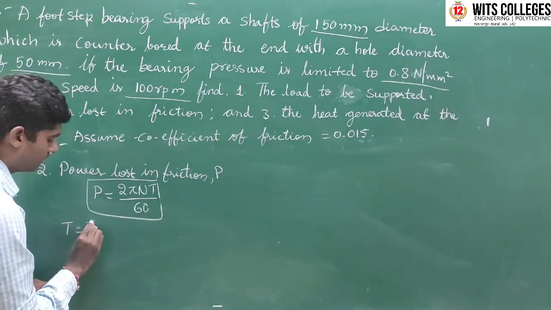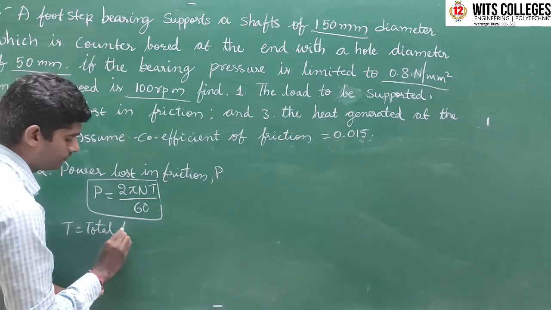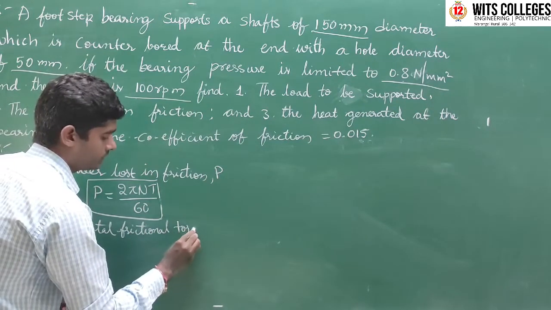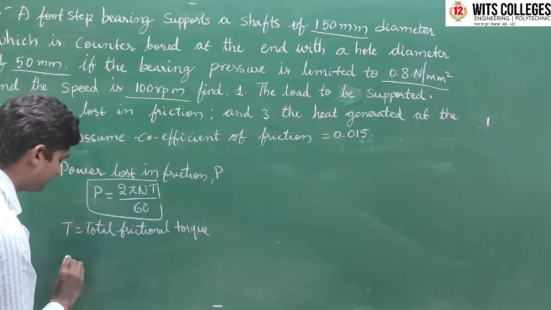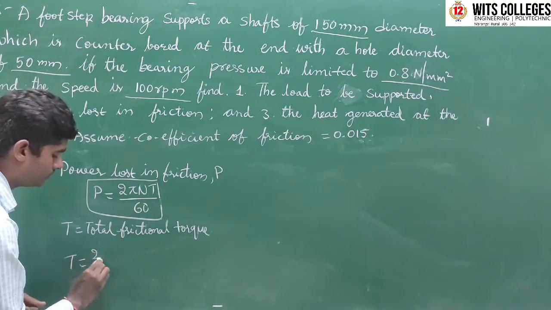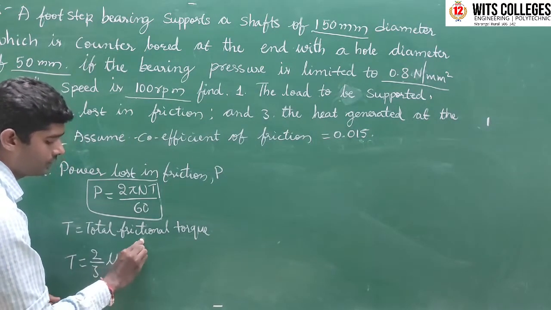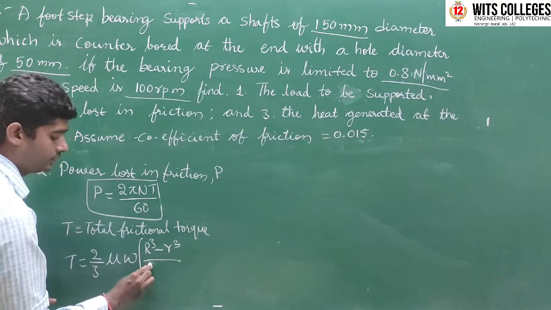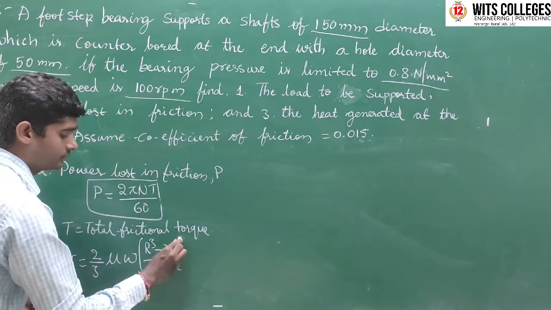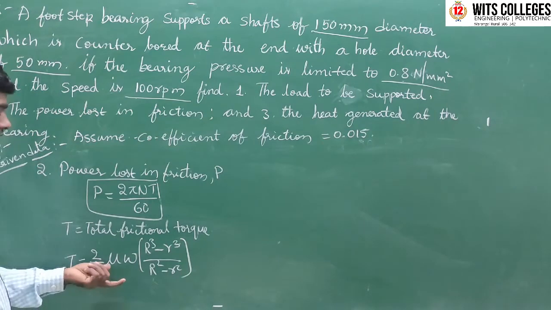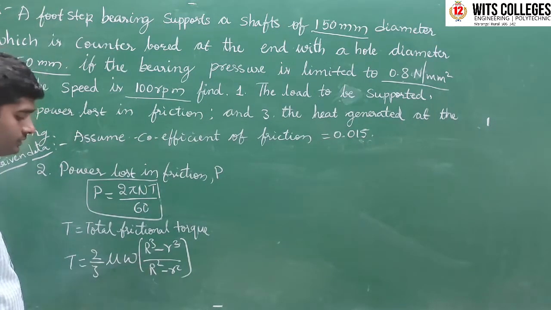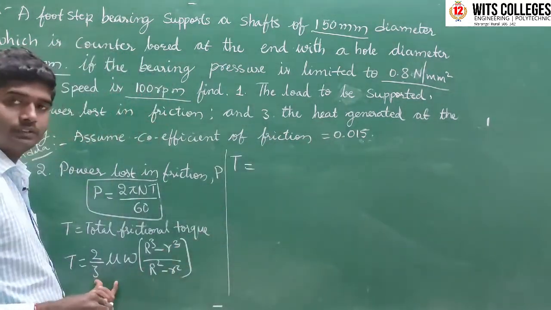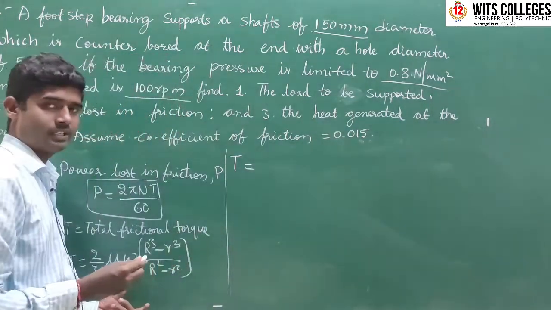The total frictional torque is equal to 2 by 3 mu W into capital R cube minus small r cube by capital R square minus small r square. We already know mu and W, so substitute all the values in the torque equation.